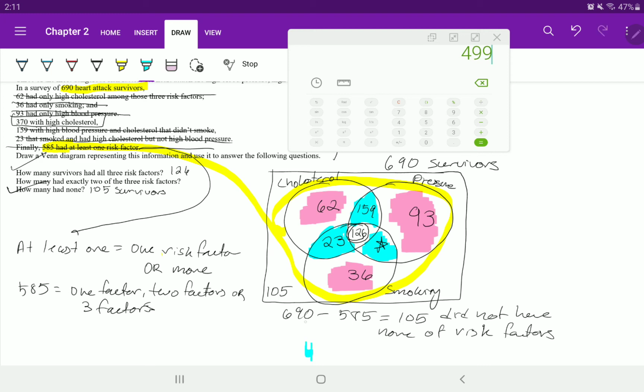So 585 minus 499 equals 86. Yep, and 86 will go here.